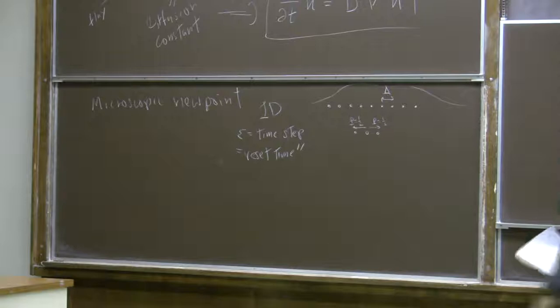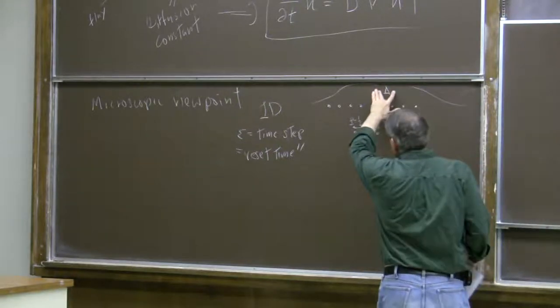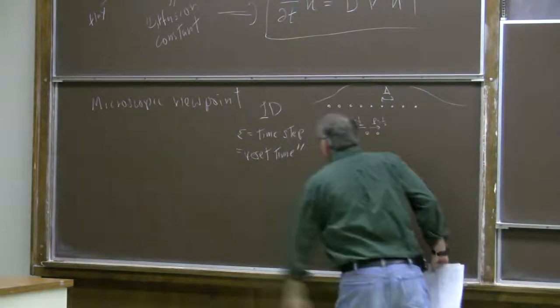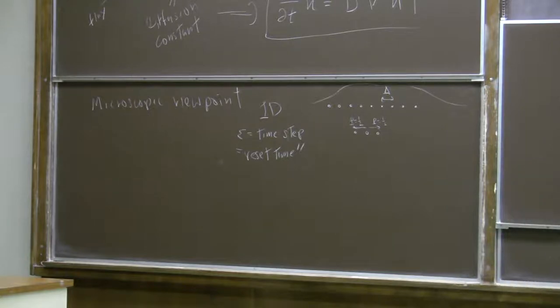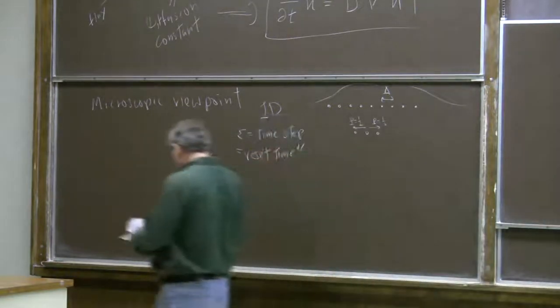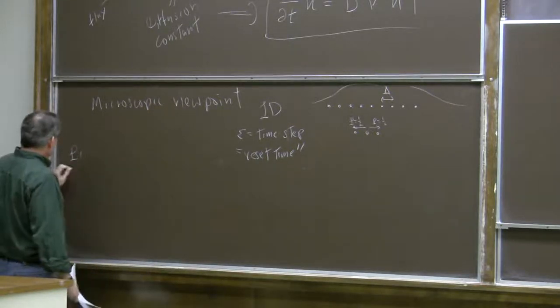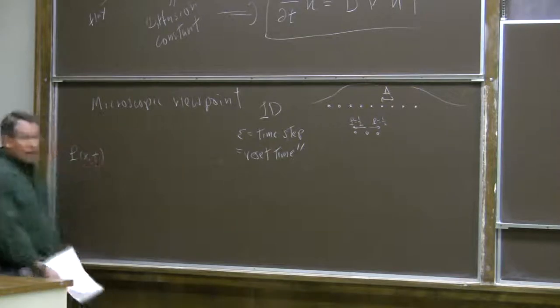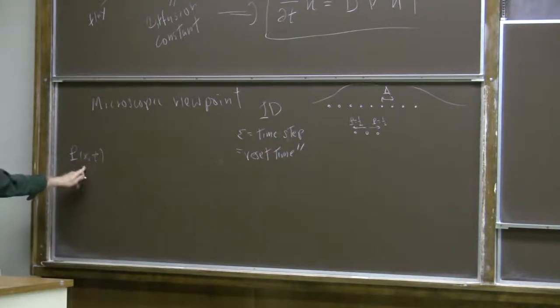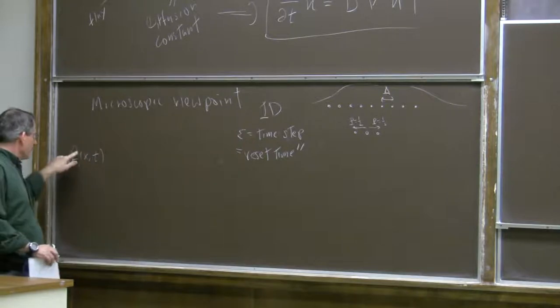We can describe that as a form of limit in which the lattice spacing delta and the time step epsilon go to 0. And then we obtain the probability distribution for the position in one dimension, which is an integer times the lattice spacing delta, and the time in our discretized model is some integer multiple of epsilon.